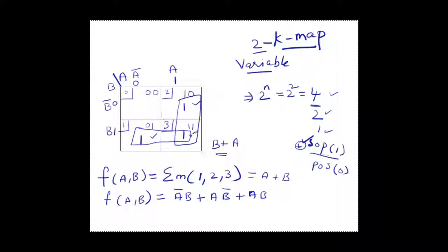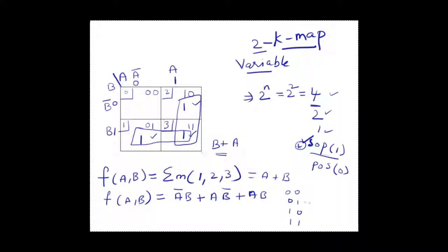So the same thing. This question can also be asked in a truth table format, where the inputs can be 0 0, 0 1, 1 0, 1 1. As this is a two variable K-map, the question will be in this way. Wherever you have ones, we are talking about SOP, so 1, 2 and 3.